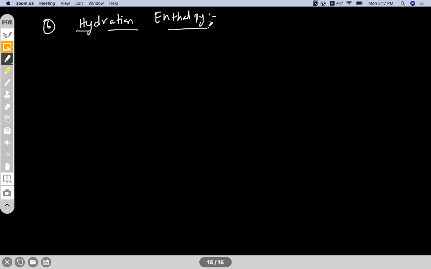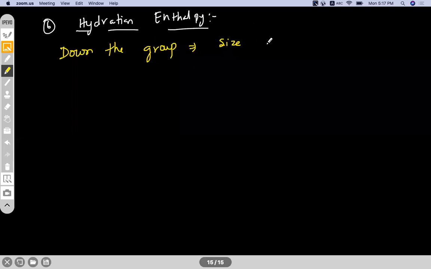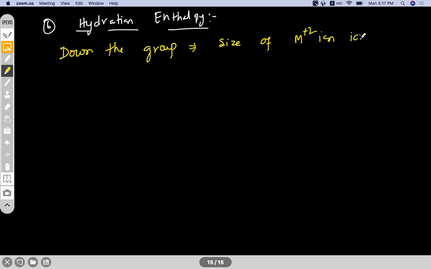So the reason is, write down, as we go down the group, the size of the metal ions, means M+2 ions, increases. Size of M+2 ion increases.